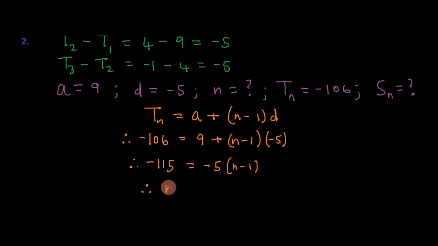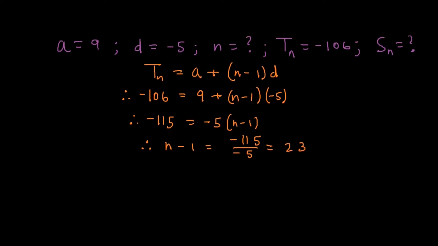Dividing by -5, and this is 23 on a calculator. So we see that n, the number of terms, is 24, which is 23 plus 1. Now we can use a sum formula.